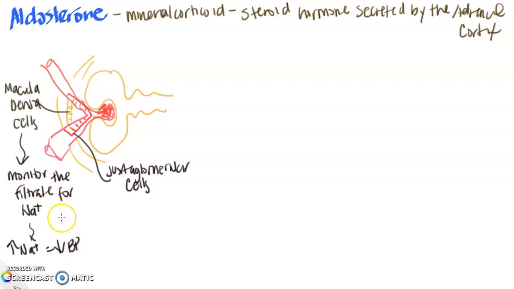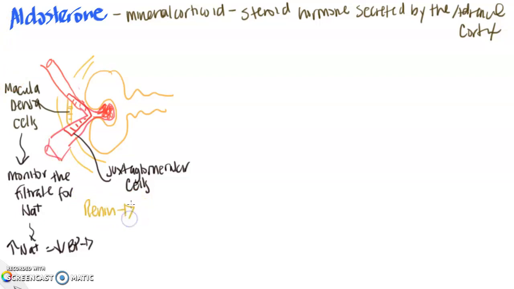So from the juxtaglomerular apparatus, when those macula densa cells sense that the blood pressure is low, they signal the juxtaglomerular cells to secrete renin. And this should be all review.